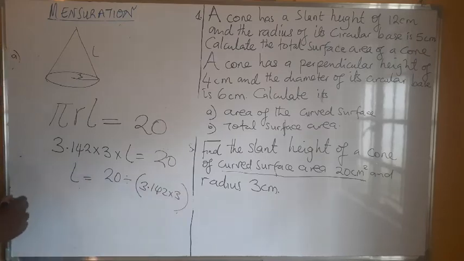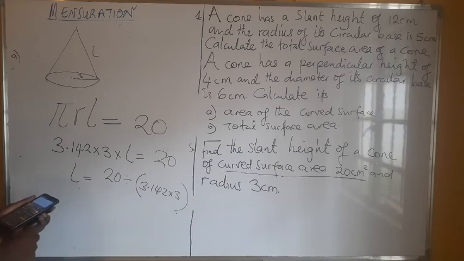You put these in brackets like that. So let's do this: 20 divided by, open brackets, 3.142 multiplied by 3, close brackets.